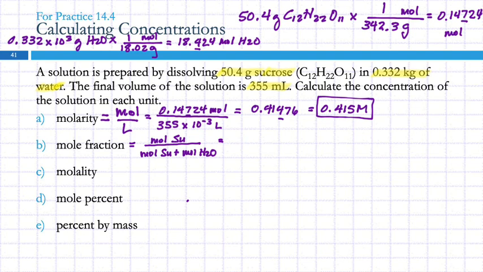So I've got 0.14724 moles divided by the sum, 0.14724 plus 18.424 moles. You want to be careful when you do this on your calculator because it's easy to go wrong.